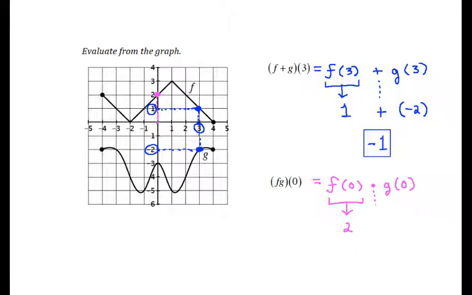The times symbol comes down, and starting again at 0, I can see that g of 0 is equal to -3. So 2 times -3 gets me -6 as my final answer.